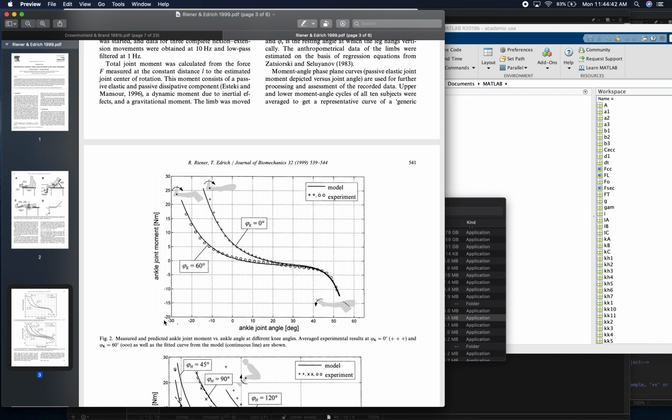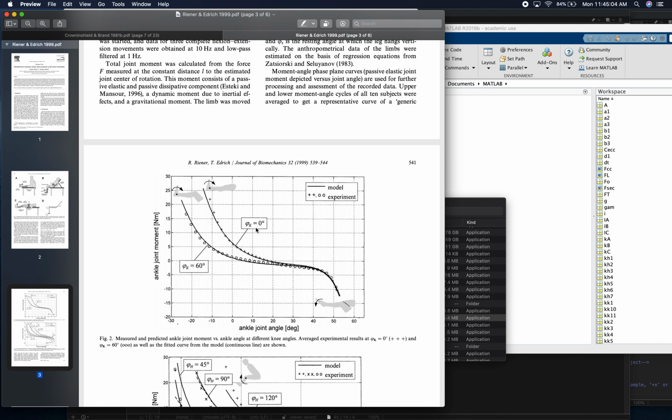Okay. So this is an example of the model that they produced here for the passive moment at the ankle on the y-axis as a function of the angle of the ankle across the full range of dorsiflexion and plantar flexion here. You see two curves on here, theta k here 60 and theta k here 0.